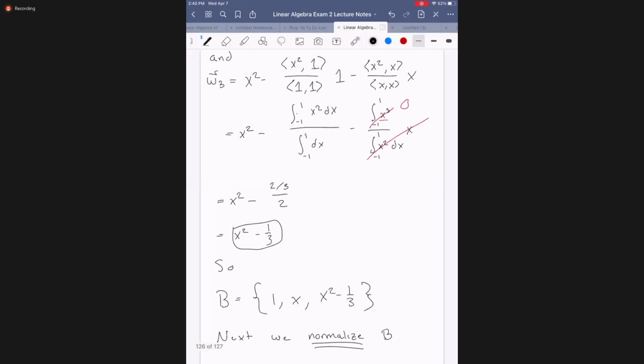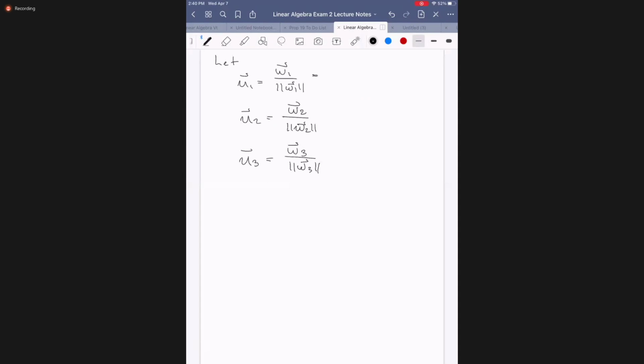So W1 is 1, W2 is x, and so on and so forth. So what's the norm in the space of polynomials? Remember, you don't ever have to memorize that. You only have to memorize the inner product. So what is the norm in a general inner product space?